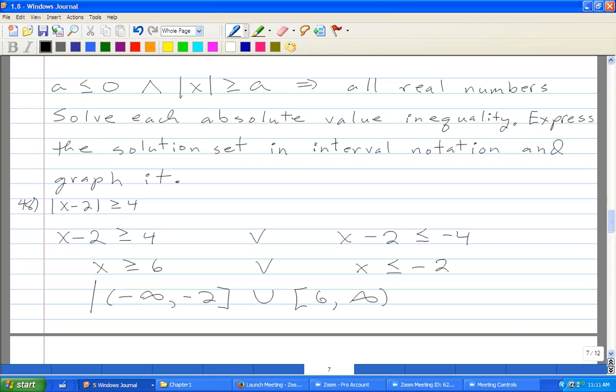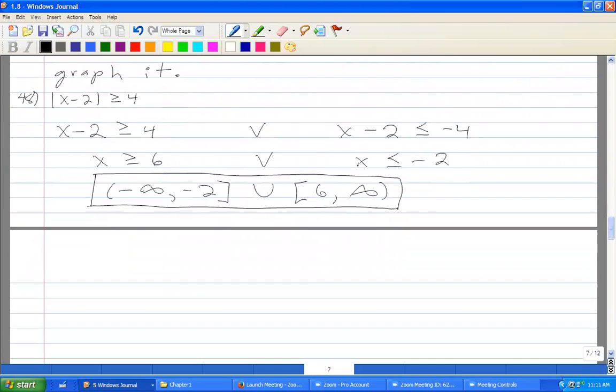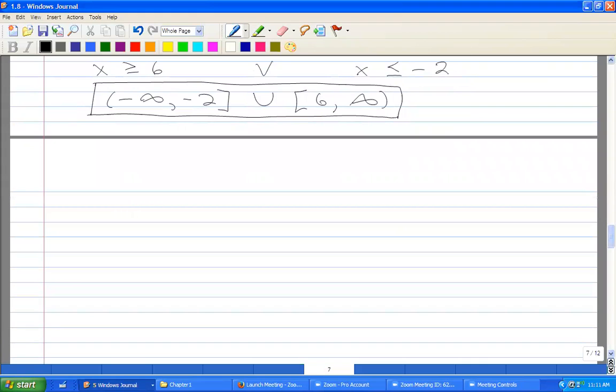In general, when I have a greater than or greater than or equal to, it'll be the union of two intervals, or nothing, or everything, or 1 point. Okay, so let's graph this.